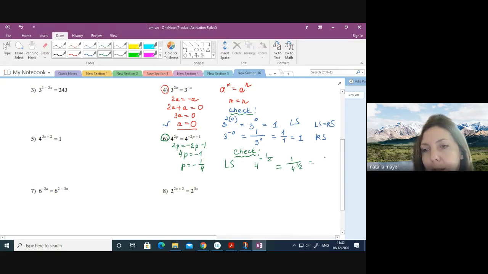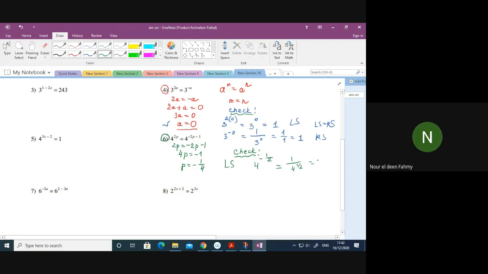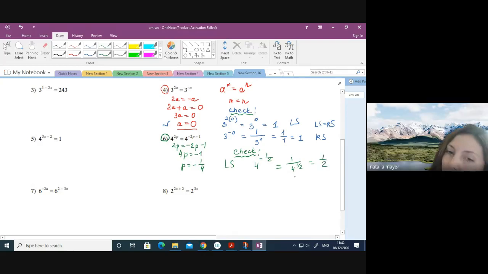So what is going to be the answer? It's going to be half. Half, right? Okay, so let's check the right side. The right side is this one. So 4 to the power of negative 2 times negative 1 over 4 is positive half, right?